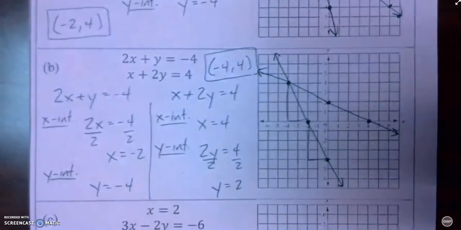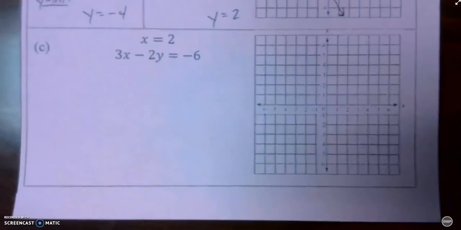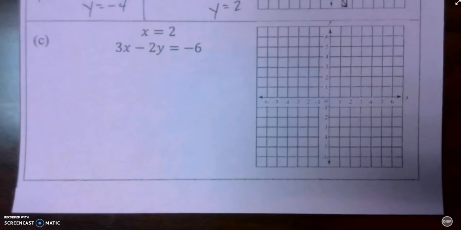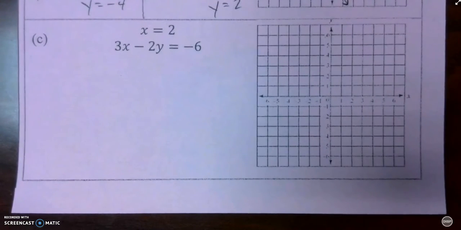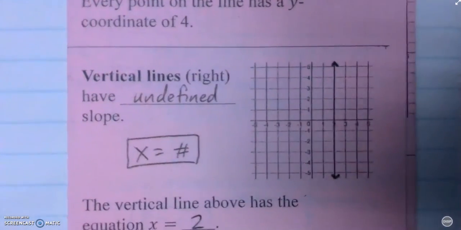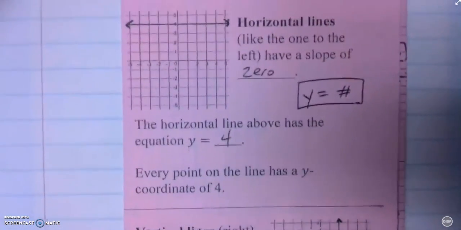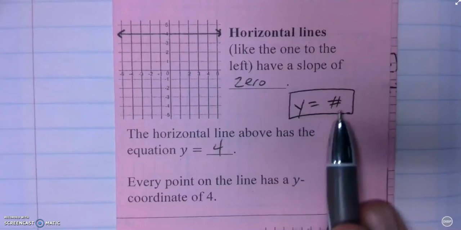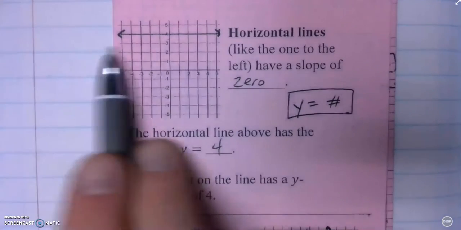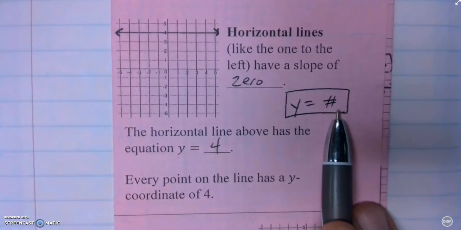We've got one more. Let's look at C. Oh my goodness, look at that first line equation. x equals 2. Let me take you back to that page 85 in the ISN very quickly. What we told you on page 85 of the ISN is that if you have a line equation of the form y equals some number, that's a horizontal line that goes through that number.